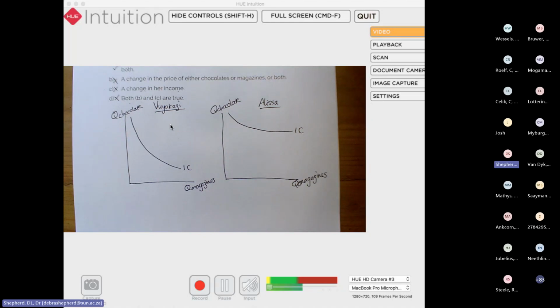If I asked you who prefers magazines, who would you say between Vuyokazi and Alyssa prefers magazines, looking at those two pictures? So what we're saying with these two pictures is they have different preferences because the shape of their indifference curves are different. So who prefers magazines, Vuyokazi or Alyssa?